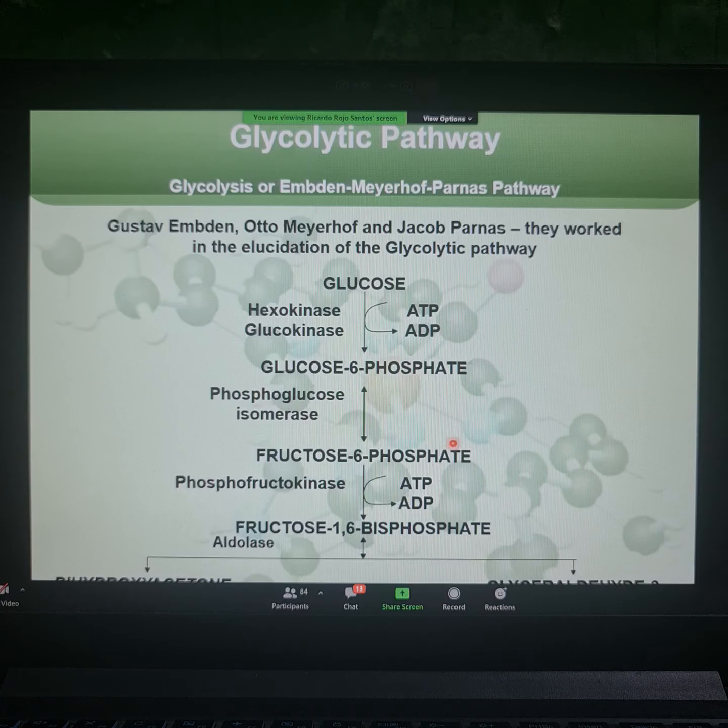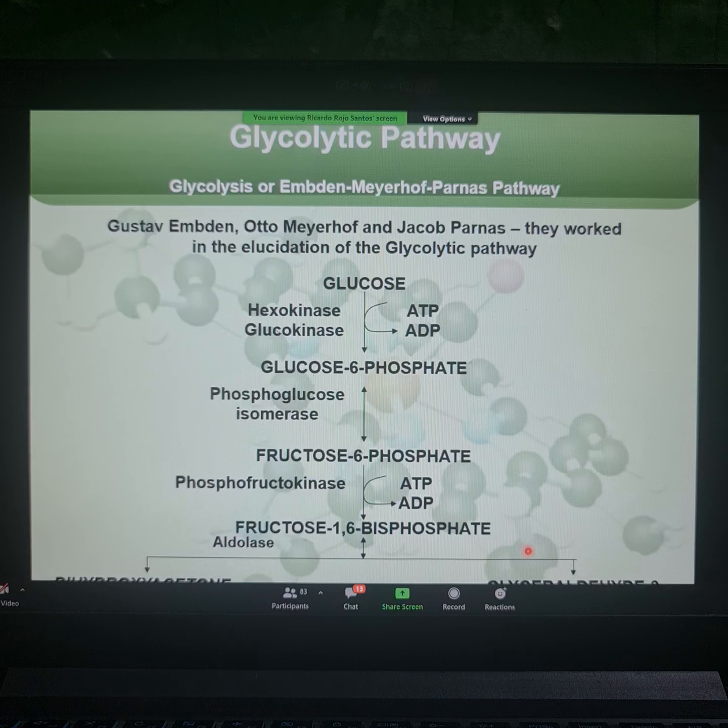The reaction is reversible, catalyzed by phosphoglucose isomerase. Now, the other ATP is used by phosphofructokinase 1 to convert fructose 6-phosphate to fructose 1,6-bisphosphate. Okay? And that is the end of the line for the energy investment phase.